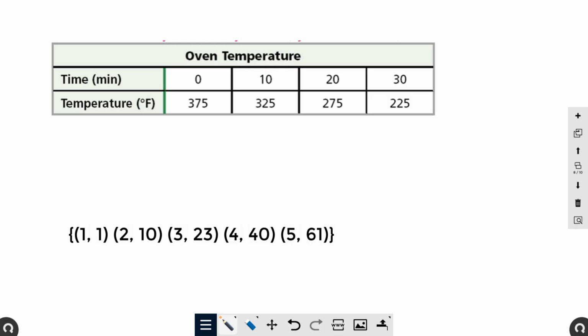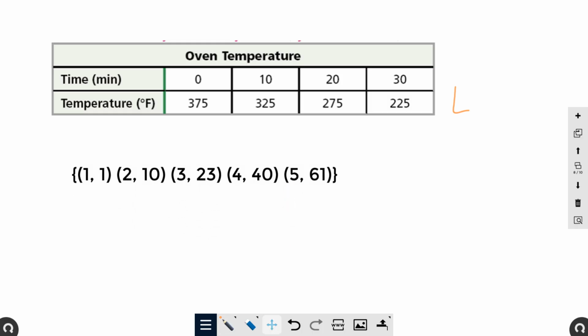It's going down. It's going down linearly because it's going down by how much? 50 each time. So we'll put a little L here for linear. And then you can copy down this right here.